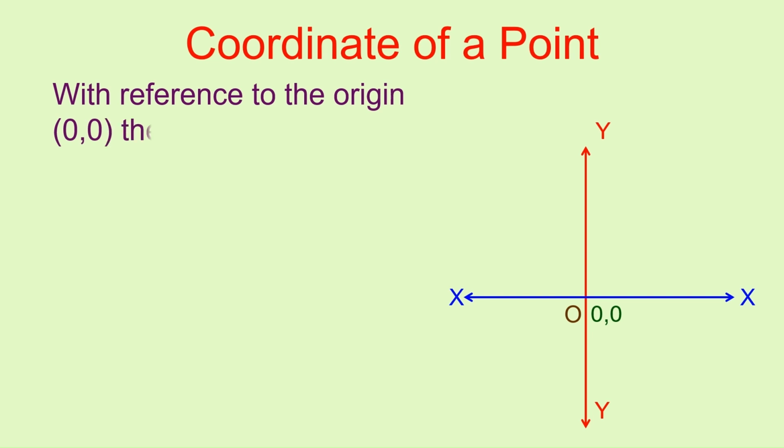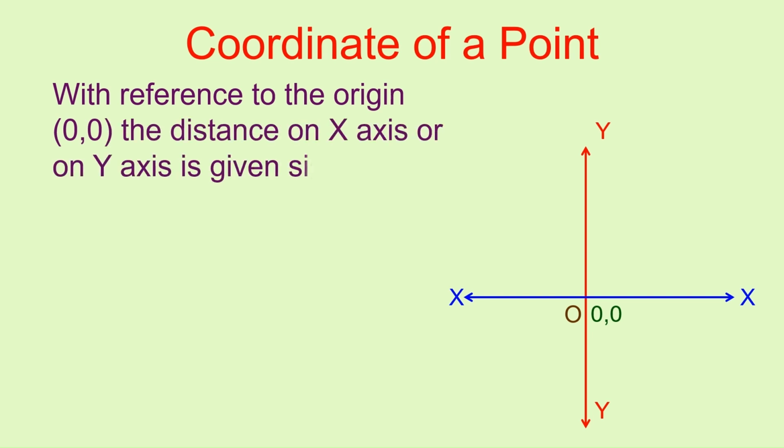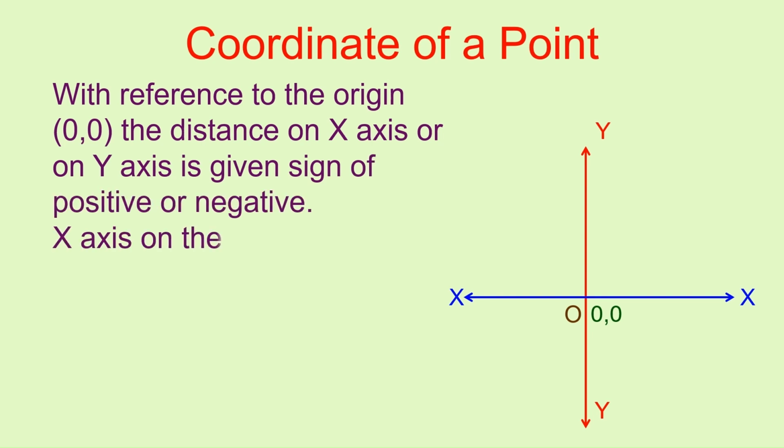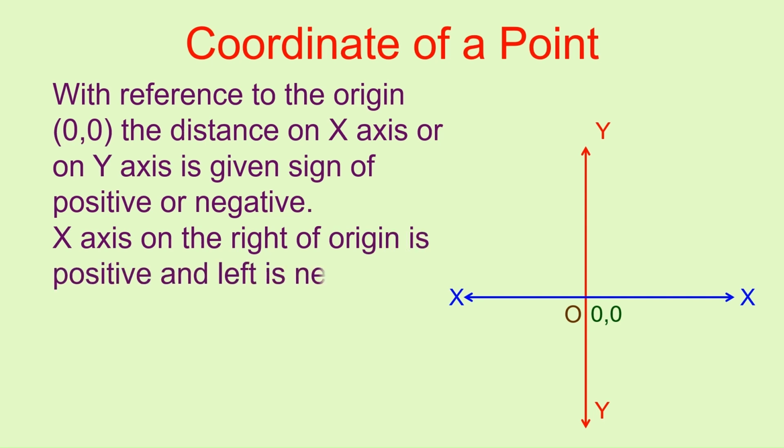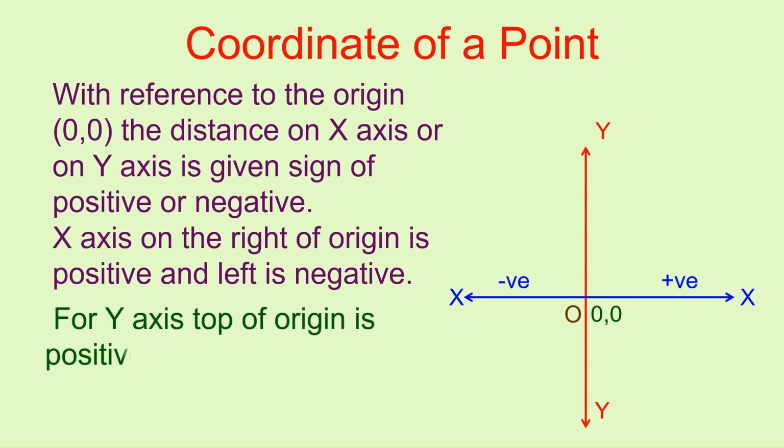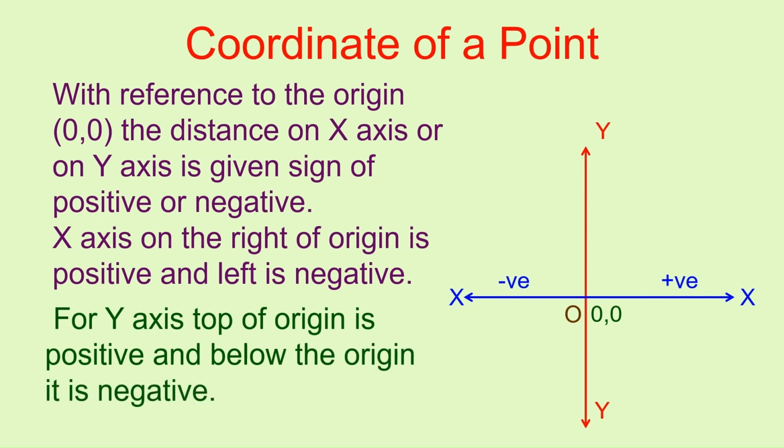With reference to the origin 0, 0, the distance on x-axis or on y-axis is given a sign of positive or negative. X-axis on the right of origin is positive and left is negative. For y-axis, top of origin is positive and below the origin it is negative.